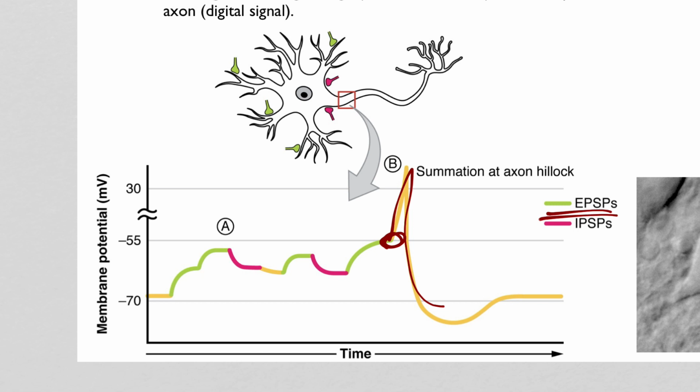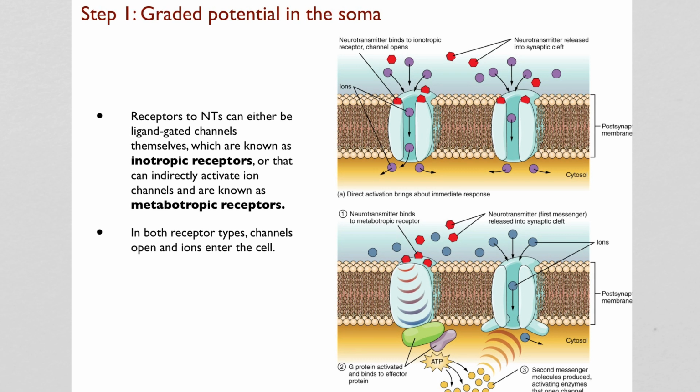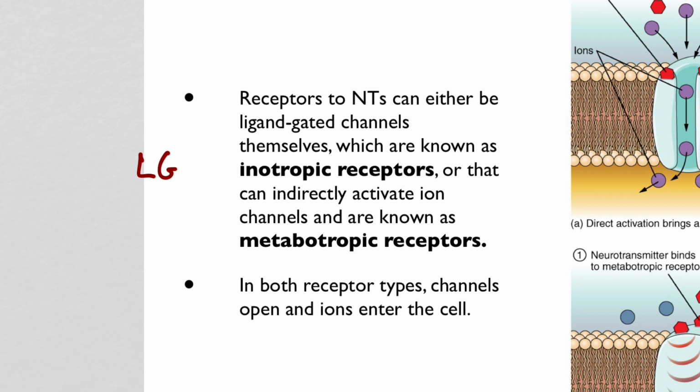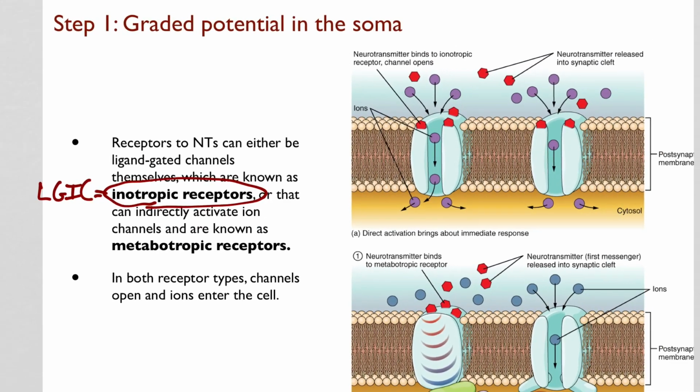All right, so before we move on to how the action potential happens, quick clarification. There are actually two different types of receptors. The ones that we looked at in the previous slide, the ligand-gated ion channels, those are the same thing as ionotropic receptors. That's saying what we just talked about.